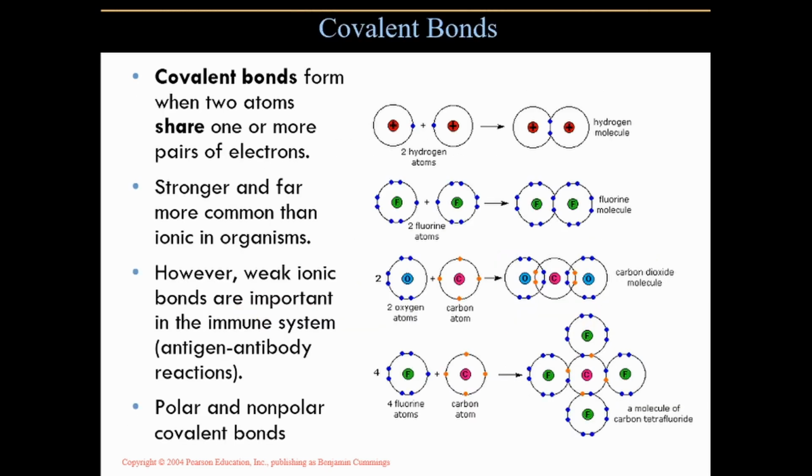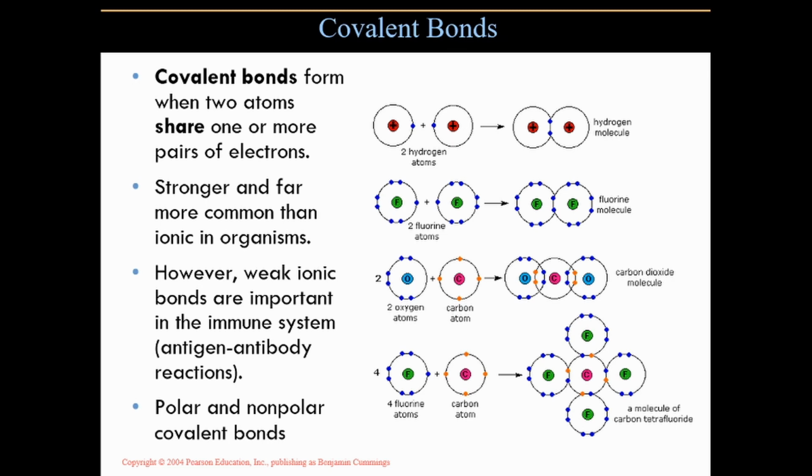Another type of bond is a covalent bond, and this is when atoms share one or more pairs of electrons. Notice they're not sharing one or more electrons, they're sharing one or more pairs of electrons. Those two are being shared back and forth, being passed continuously between the two atoms. It's not the same electron, it's any electron at random.